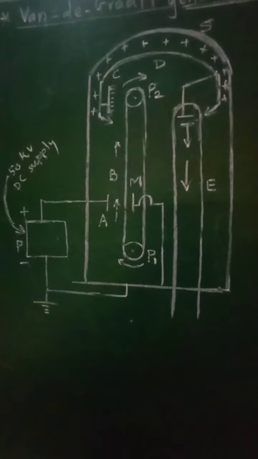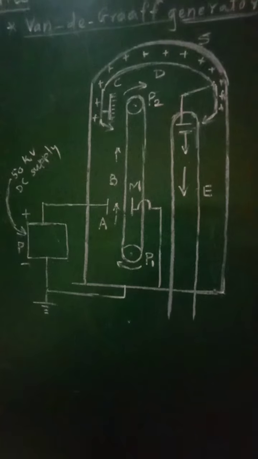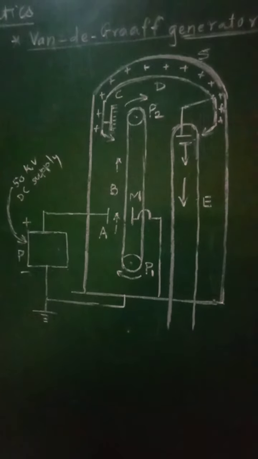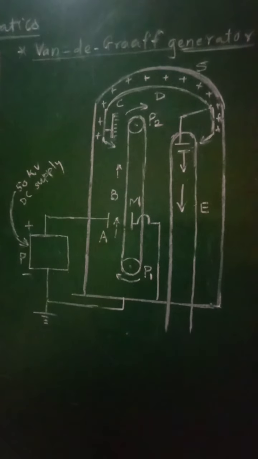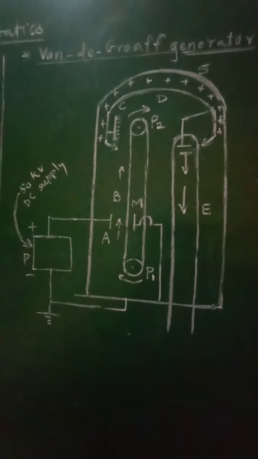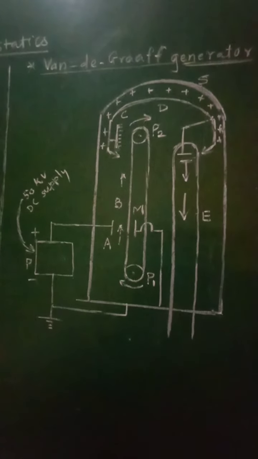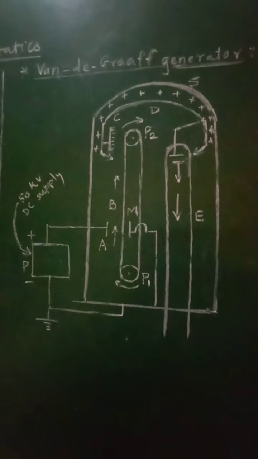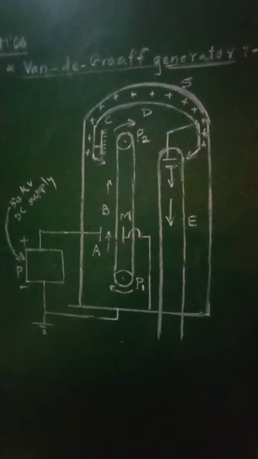Now the spray brush A will spray these charges on the belt B. Then the belt carries these charges in the upward direction from pulley P1 to pulley P2, where they are collected by the collector brush C and sent to the dome shaped conductor.